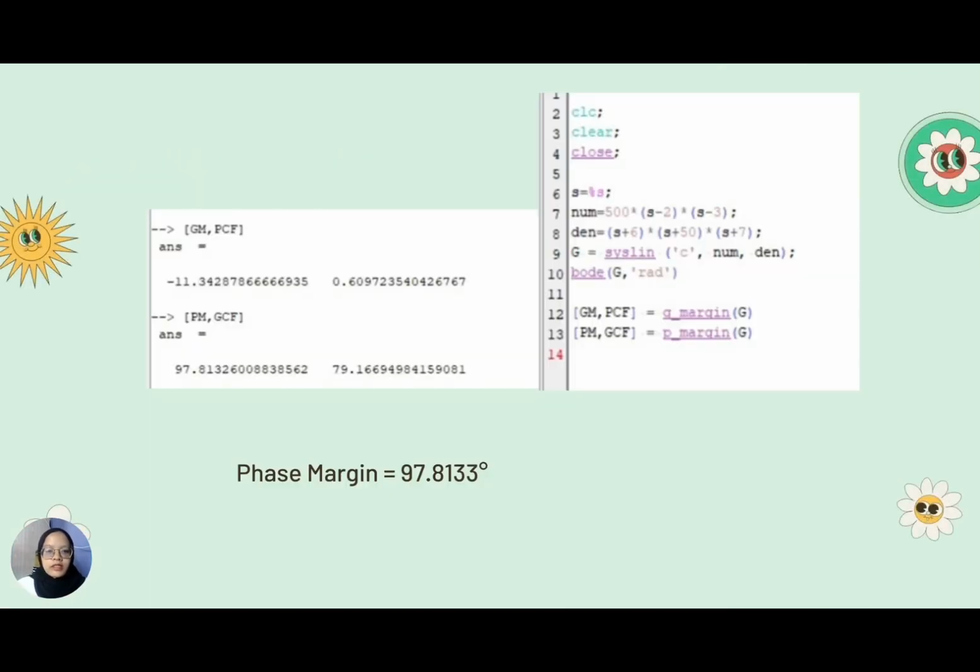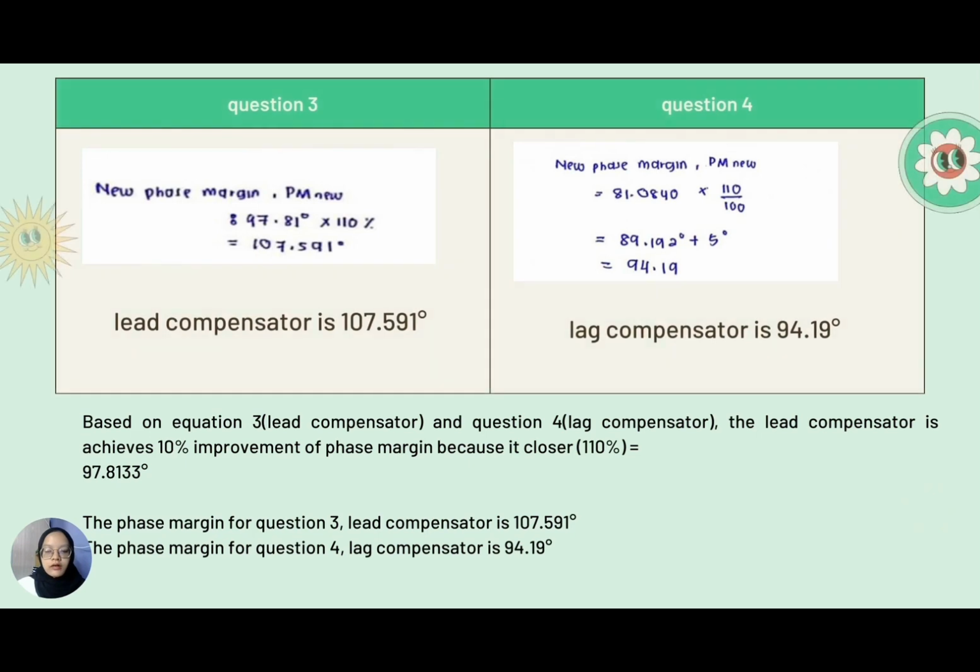So here is our phase margin, which is 97.8133 degrees. After we calculate the new phase margin, in question 3 we get 107.591 degrees, and for the lag compensator in question 4, we get 94.19 degrees.